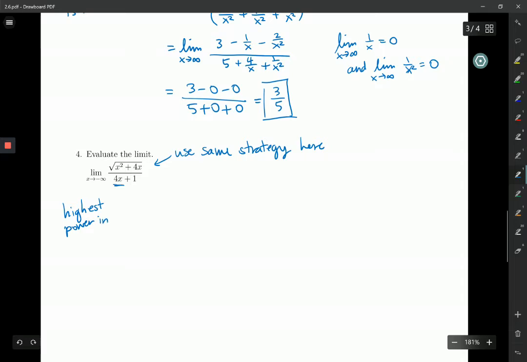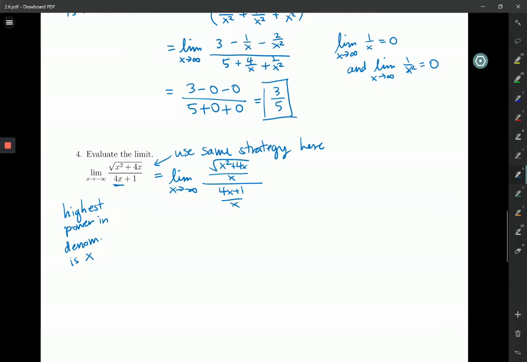It's right here. So we divide the top and the bottom of the fraction by x. So we'll get x squared plus 4x over x. And then we get 4x plus 1 over x.